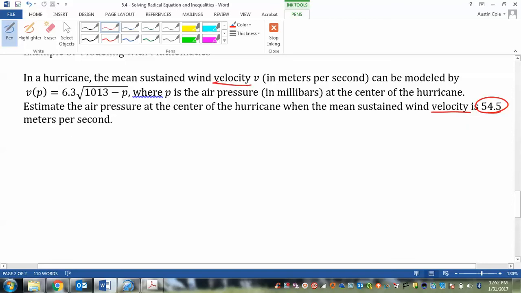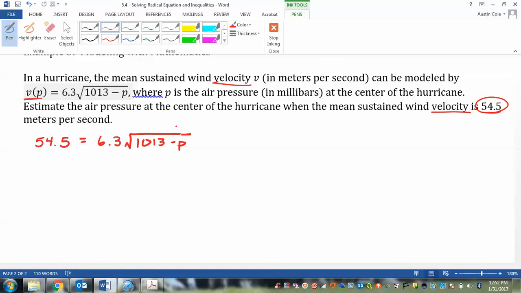Okay? So I'm going to plug in 54.5 in for v of p. So this whole thing is now being replaced with 54.5. Set that equal to 6.3 times the square root of 1013 minus p. And our goal is to solve for the air pressure, which is p.